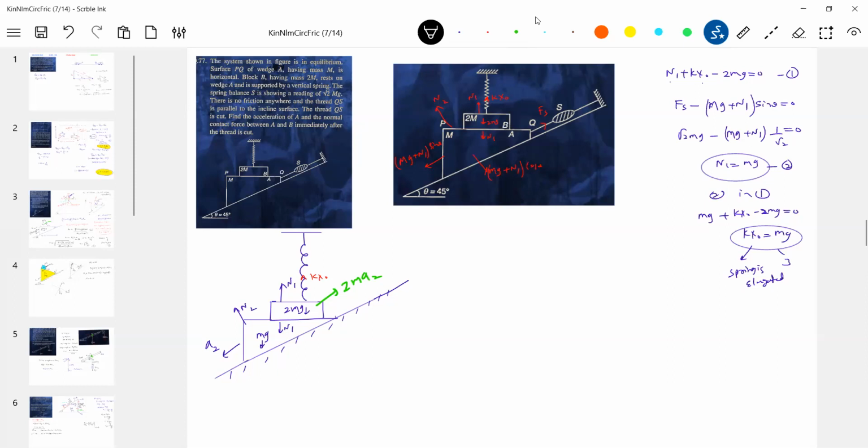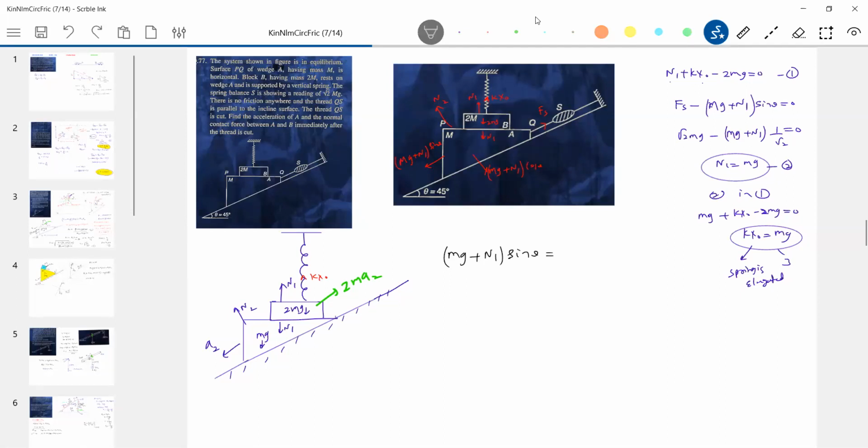What we earlier discussed. So here mg plus N1, mg plus N1 sin theta, should be g sin theta, no?